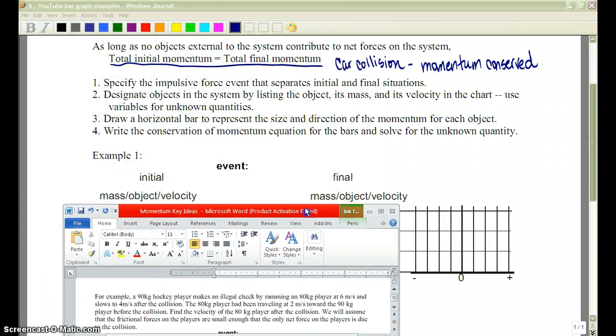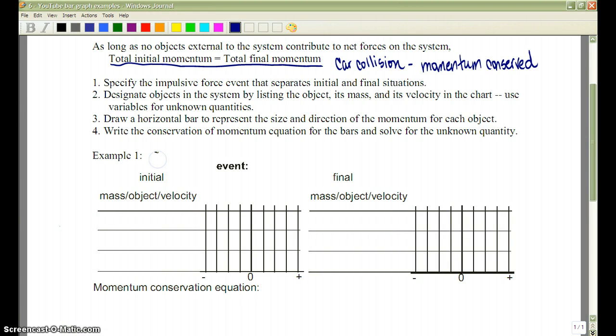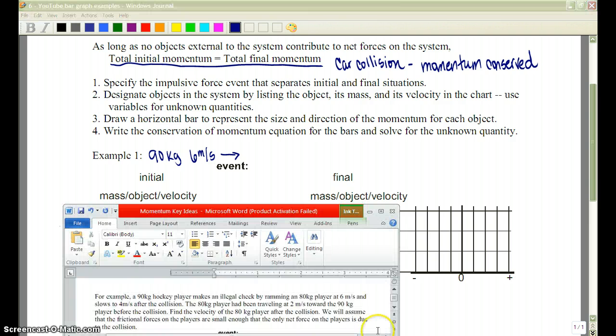I'm going to move this down here just so that I can write a few of those key pieces of information. First thing it tells us, our 90-kilogram player was initially going 6 meters per second. It tells us then he hits into another player and he slows down. Let's just double check.